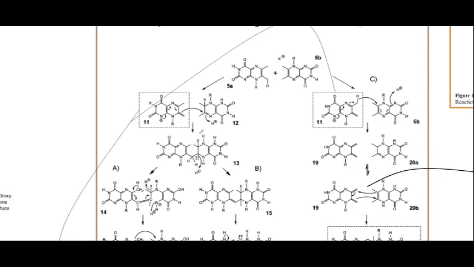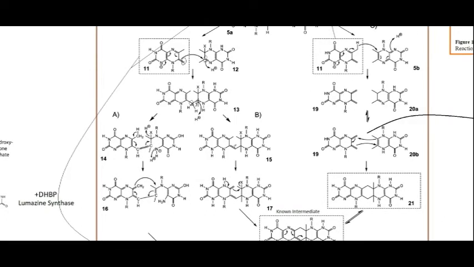So now we have both of these bound together right here. So this carbon here is the same as this carbon here, and it's now bound to that carbon right there. And so then we actually deprotonate this right here, and this generates this double bond right here.